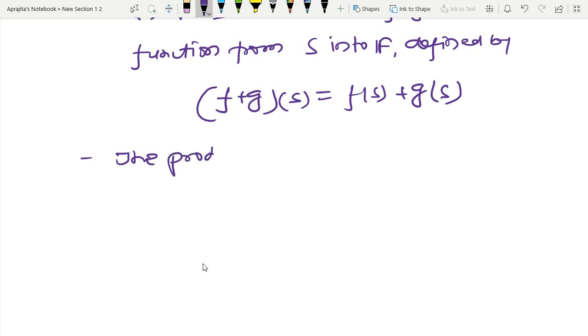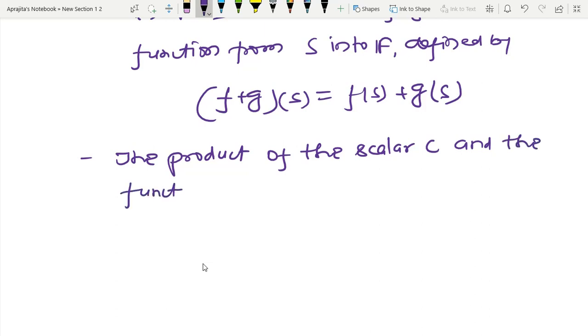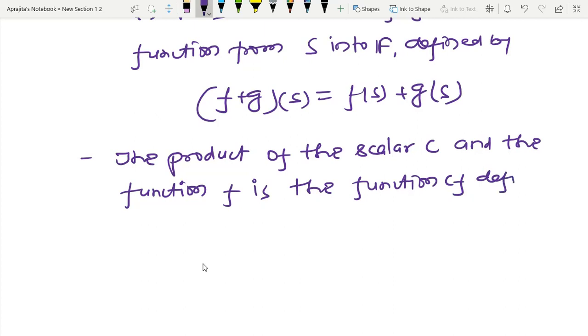The product of the scalar c and the function f is the function cf defined by (cf)(s) = c f(s).